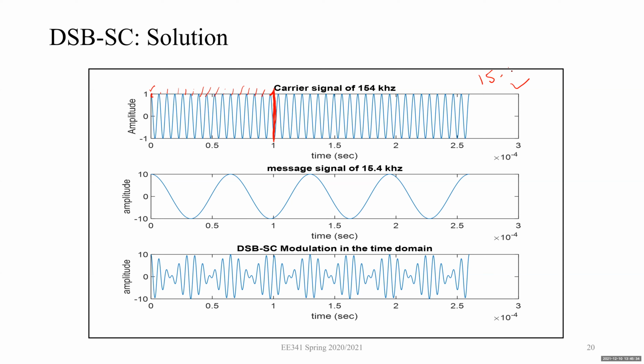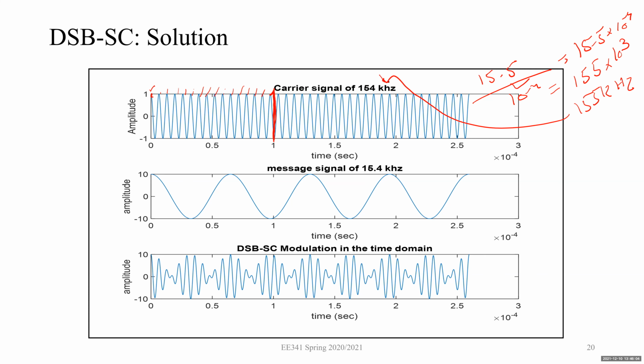So 15.5 divided by 10 raised to the minus 4 will give me 15.5 into 10 raised to the minus 4, which is 155 into 10 raised to the power 3, meaning 155 kilohertz. So this is the same as here, 154 kilohertz. This is the method to tell the frequency.